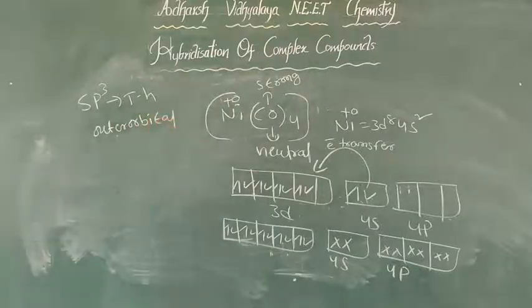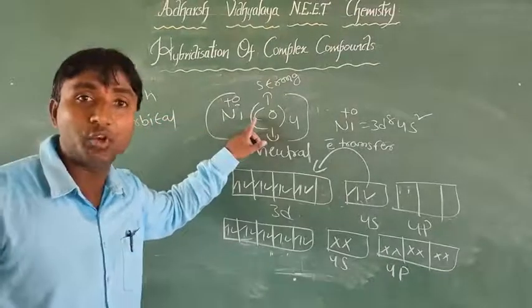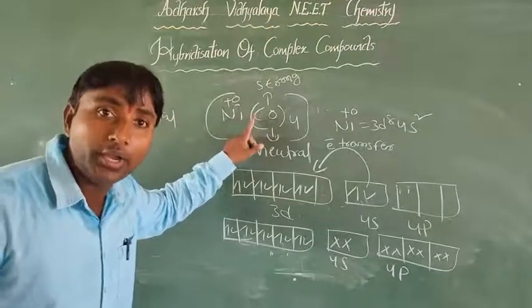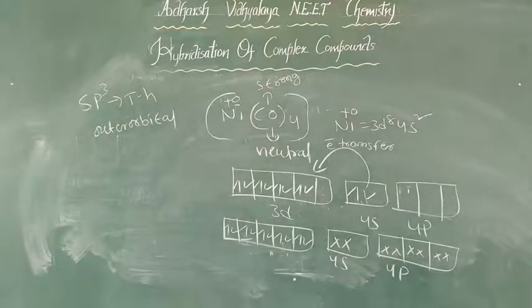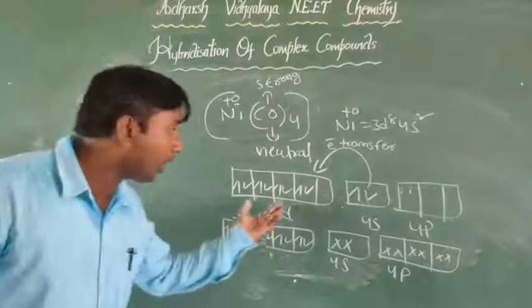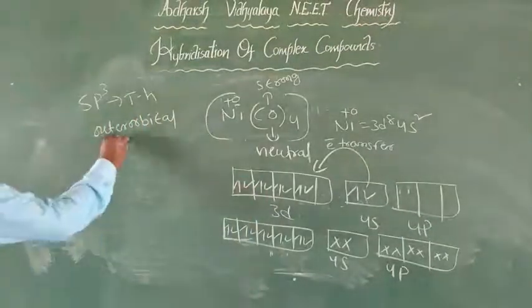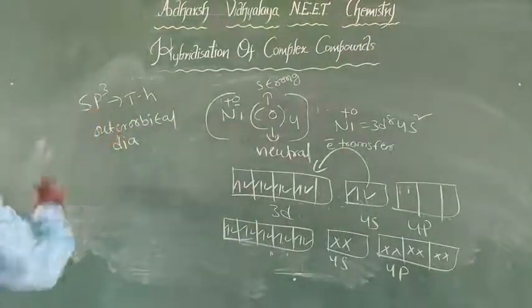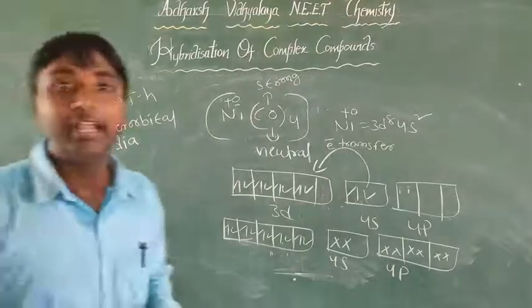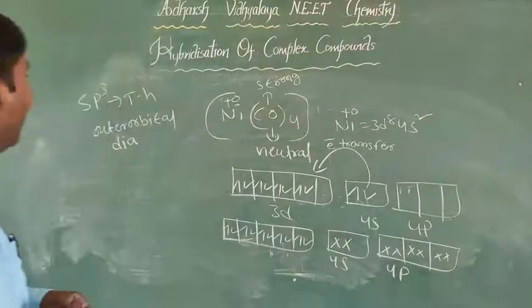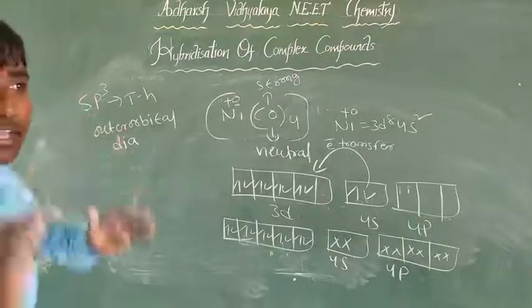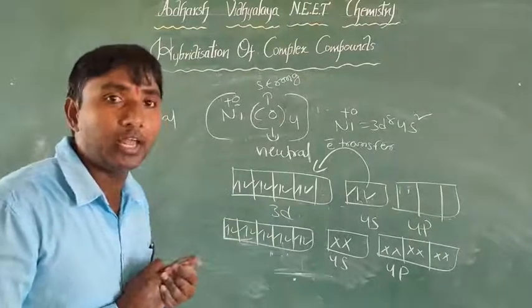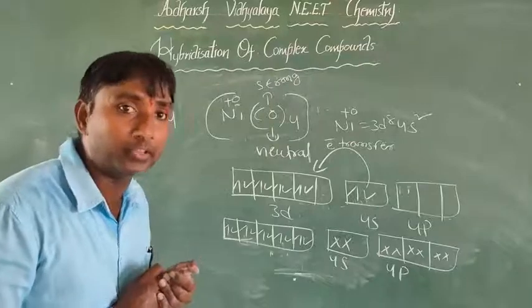Remember students, although in the presence of a strong field ligand, it shows an outer orbital complex. But here no unpaired electrons are there. Although an outer orbital complex, it shows diamagnetism. Generally, what they all think is outer orbital complex means para, inner orbital complex means dia.